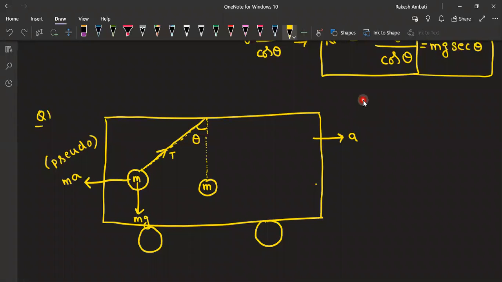Now resolve into components. The tensional force we have to resolve into components.